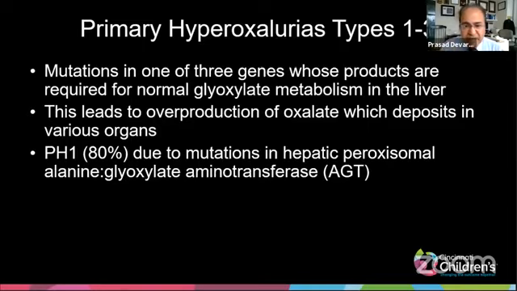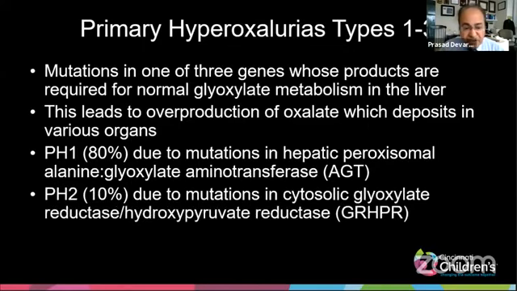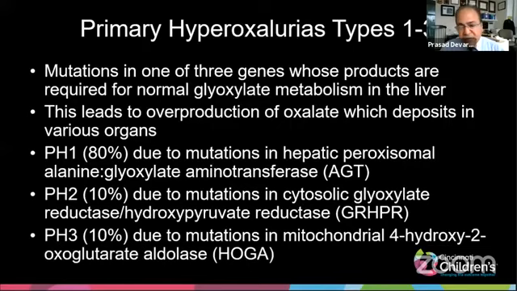If that enzyme is absent, you will get accumulation of oxalate. PH 2, which is less common, is due to mutations in a cytosolic enzyme, GRHPR. And PH 3 is due to mutations in a mitochondrial enzyme. And I'll show you a little figure that puts all this into perspective.